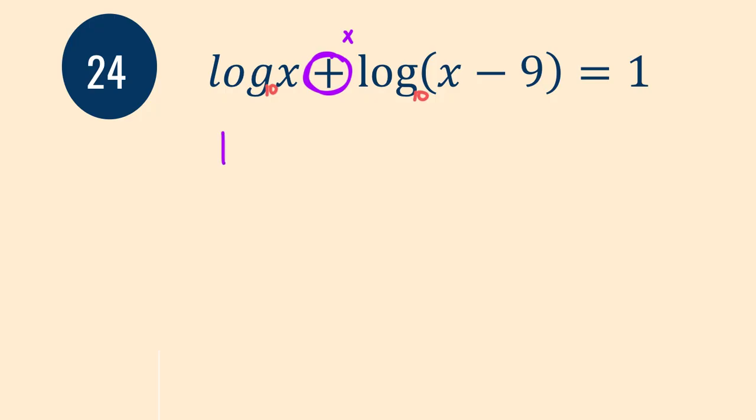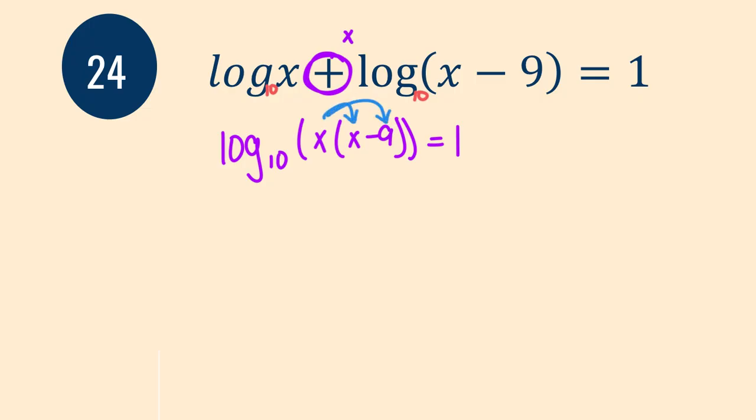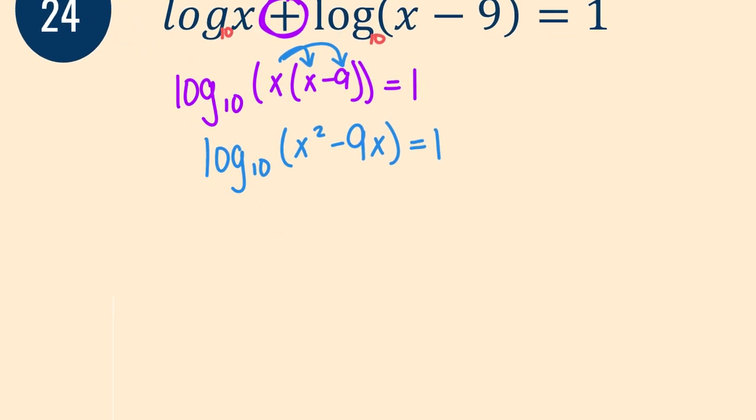So now I'm going to have log base 10 of x times x minus 9 equals 1. Distributing that x, I'm going to have log base 10 of x squared minus 9x equals 1. And because I have log by itself, I'm going to switch some things around.